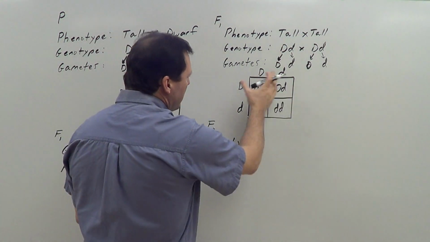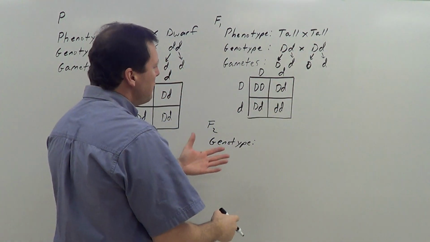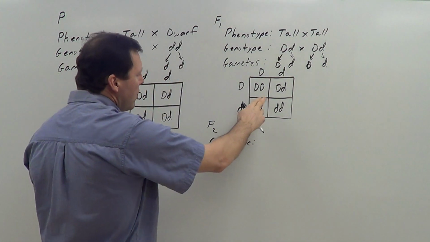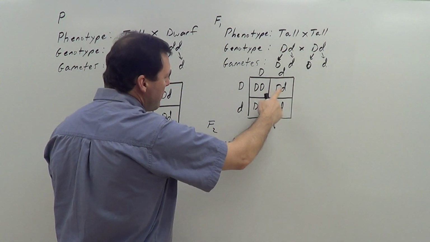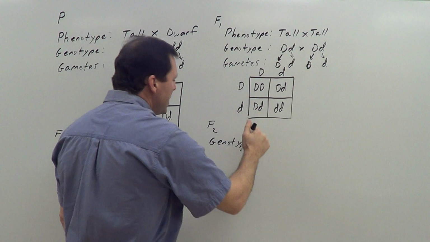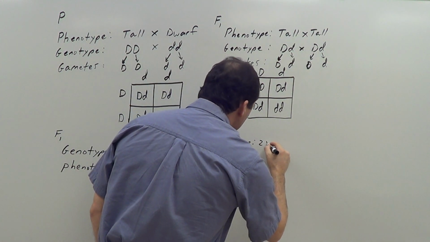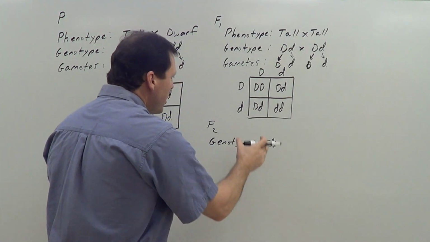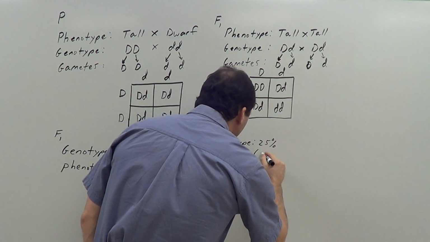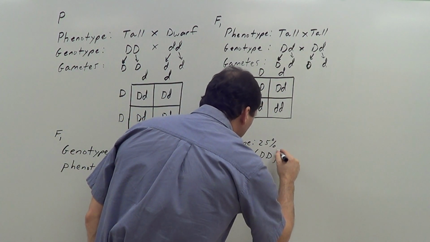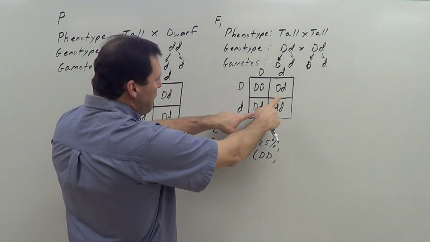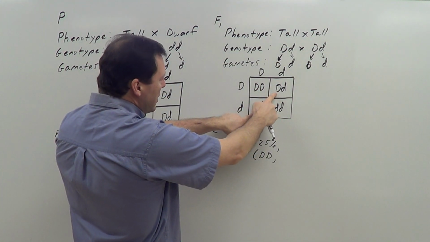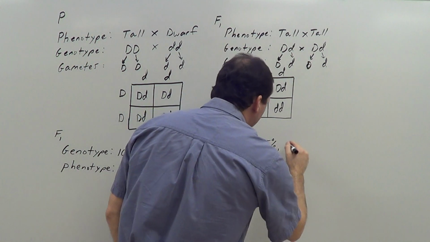And it turns out that I have three different genotypes here. 1/4 of my offspring would be expected to be capital D, capital D. So 25%, or I could write 1/4, doesn't matter, are going to be expected to be capital D, capital D. And 50% are going to be expected to be capital D lowercase d, or heterozygous.